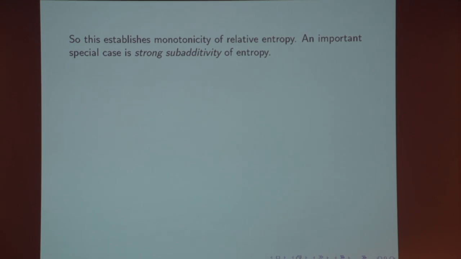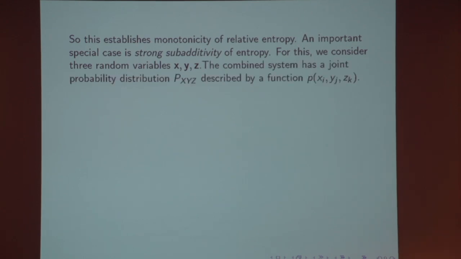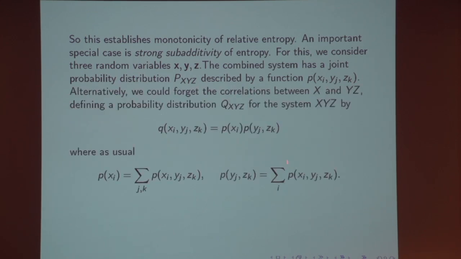An important special case of monotonicity of relative entropy is called strong subadditivity of entropy. For this, you consider 3 random variables, x, y, and z. So the combined system has a joint probability distribution, p of x, y, z, described by a function of all 3 variables. Alternatively, you could forget the correlations of x with y, z.